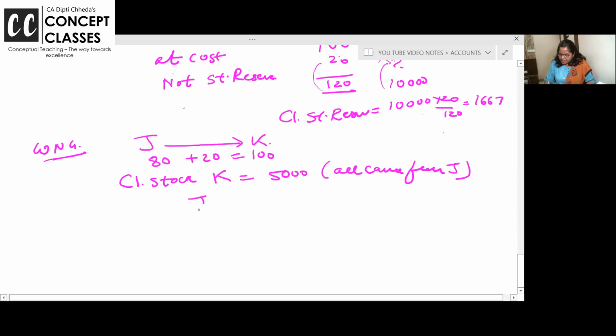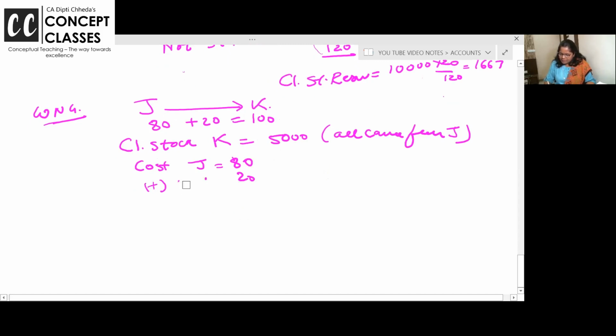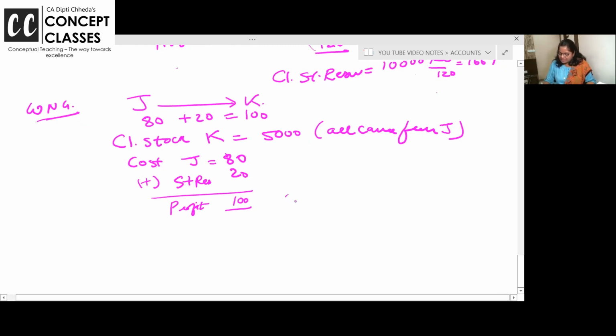So, for J, if the cost is 80, loading is 20, stock reserve. I'll write a better word, stock reserve. Profit is 100. $80, $20, $100. 5,000.